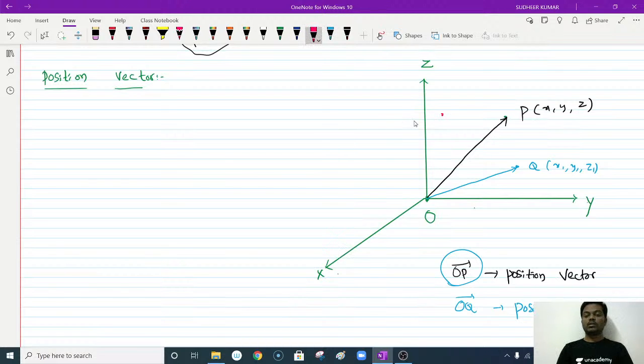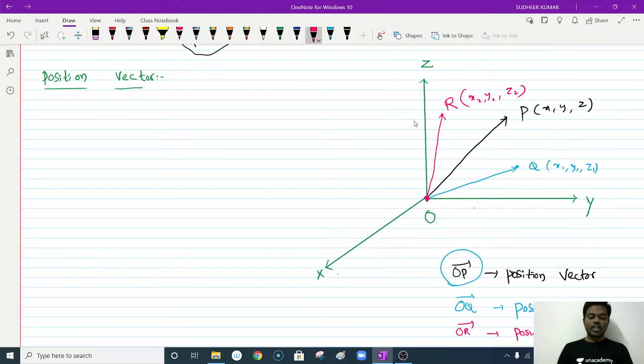All these vectors have the same initial point.